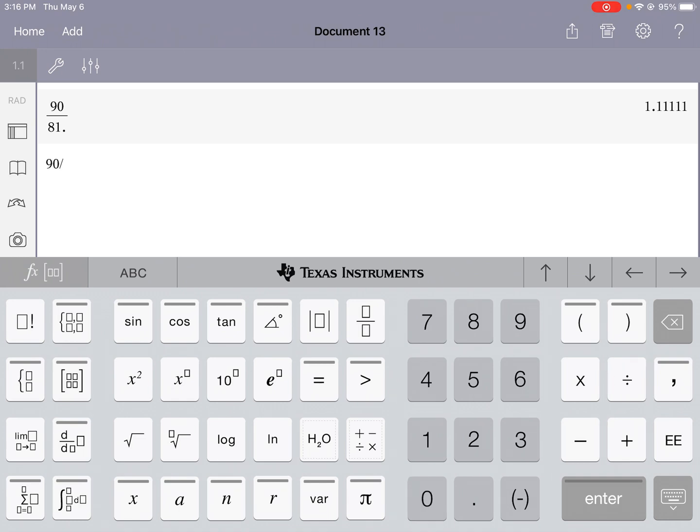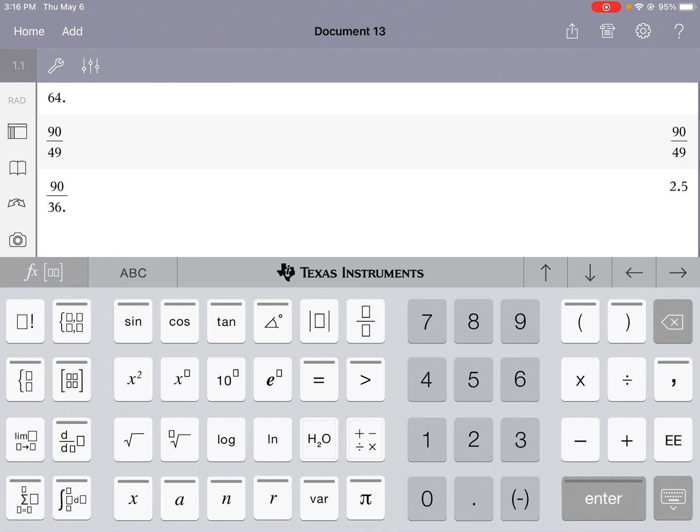90 divided by 64. Put a decimal point. Again, I get a decimal. I'm going to take 90 and divide it by, that was 8 squared, so 49. I forgot a decimal, but again, we're getting a fraction, so it's going to be a decimal. Okay, 90 divided by 36.